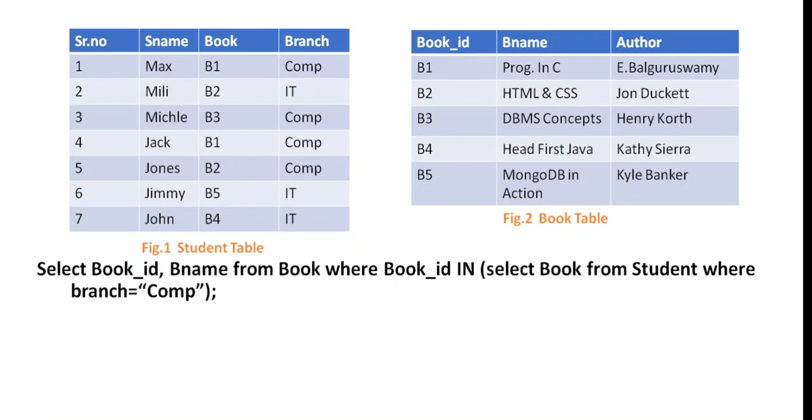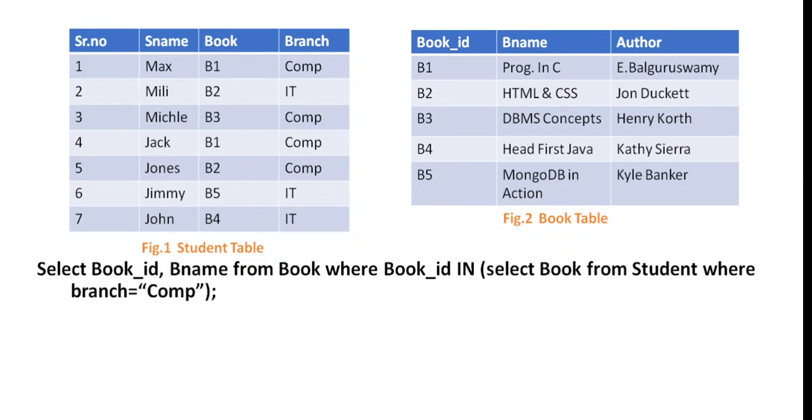First I'll find out all book IDs which are issued by computer department students. So here I have written the inner query or subquery as select book from student where branch equals to computer. It will give me all book IDs that are issued by computer department students.